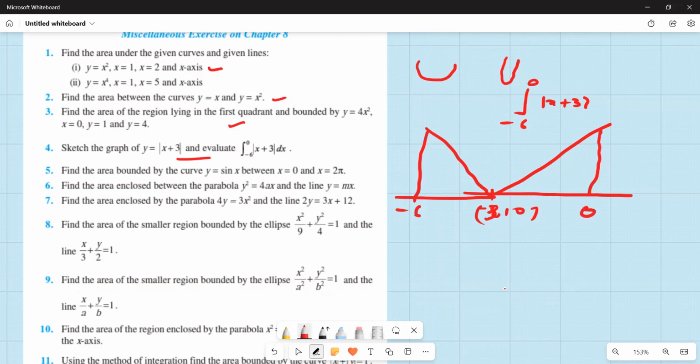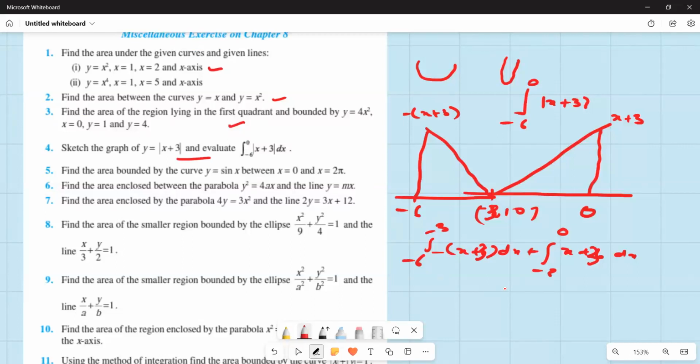So this side equation is minus of x plus 3. This side equation is x plus 3. So integrate minus 6 to minus 3 minus of x plus 3 dx plus minus 3 to 0 x plus 3 dx. Clear? Sorry, x plus 3, not 6.